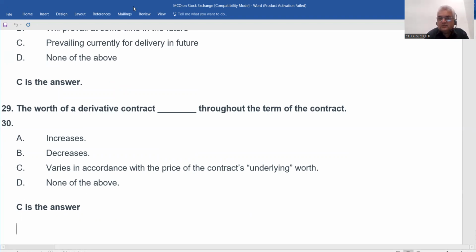So let me share with you another MCQ. ये तो ऑलमोस्ट सेम ही है जो whatever we have discussed.